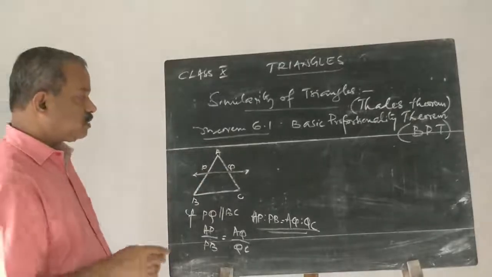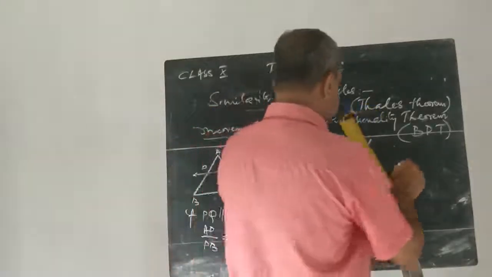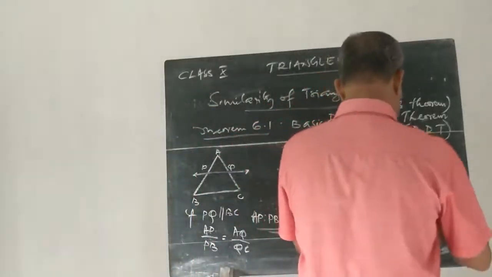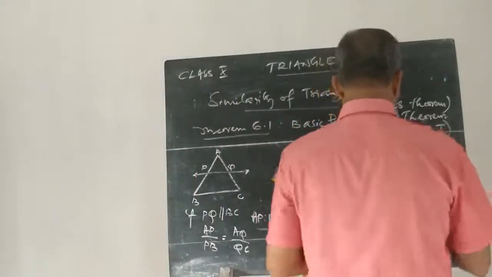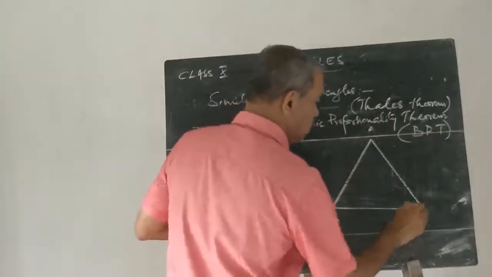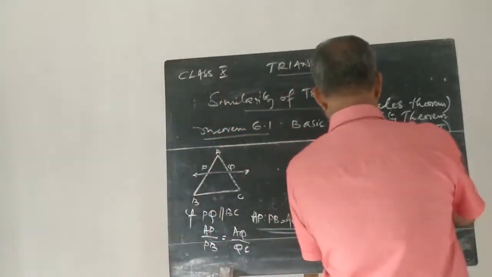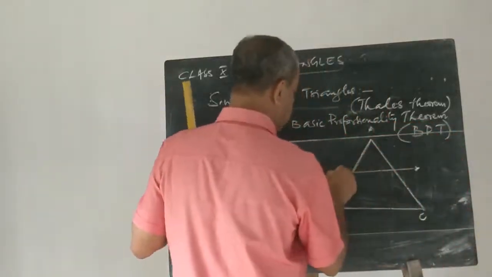How can we prove this? To prove the result, consider this triangle ABC, with a line drawn parallel to BC, PQ.